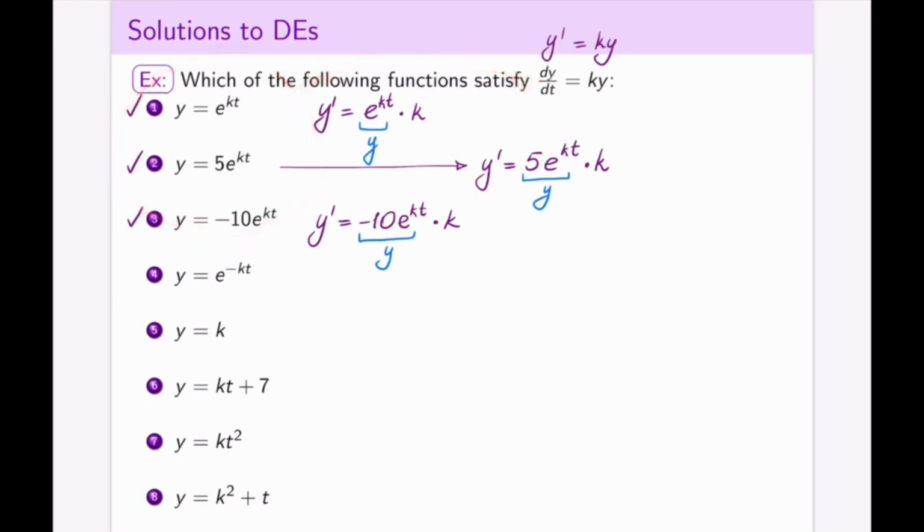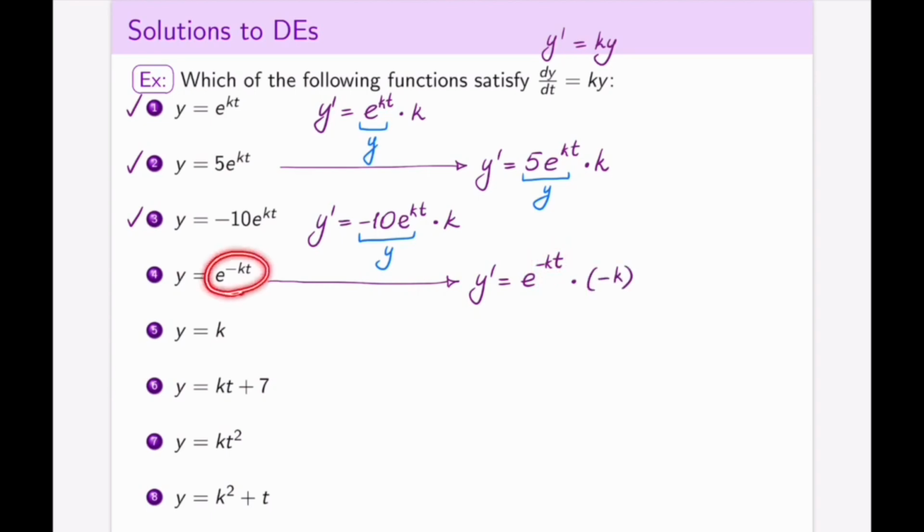Now let's try to play around with it. What if we add a negative into the power? Will this relationship still hold? So let's take a derivative of this guy here. What am I going to have? I'm going to have the derivative of itself, since the derivative of e to the power of anything is itself, times the derivative of the inside, which in this case is minus k. So let's see here.